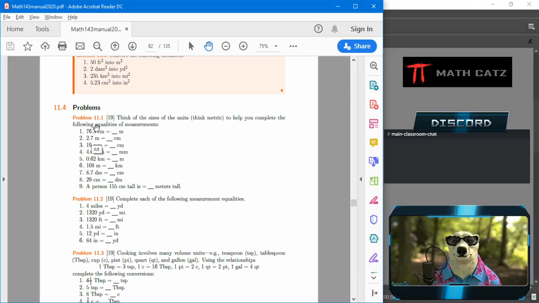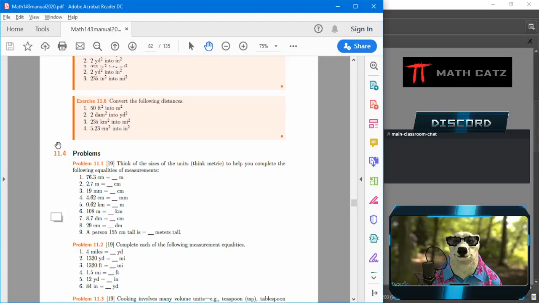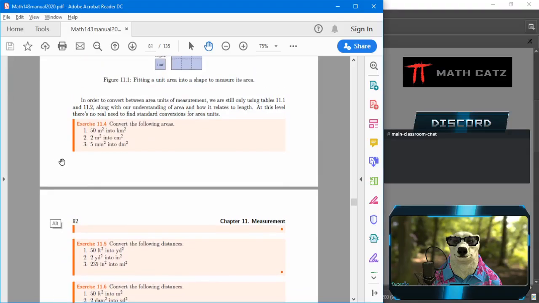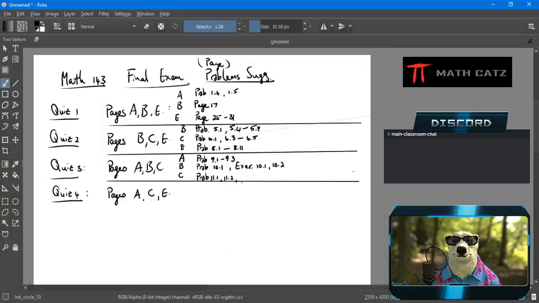So let us start by saying problem 11.1 and 2. Problem 11.1, 11.2, but we're going to have to go up to the exercises for area unit conversion. So exercises 11.4, 5, and 6.